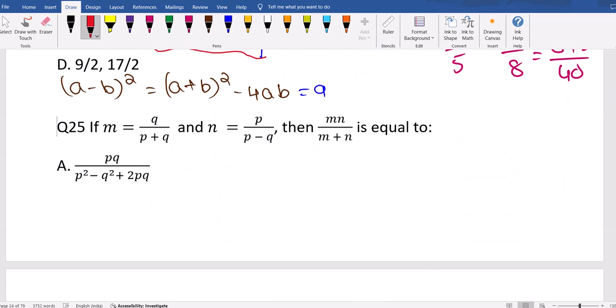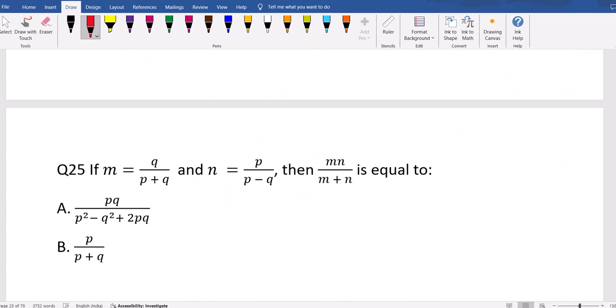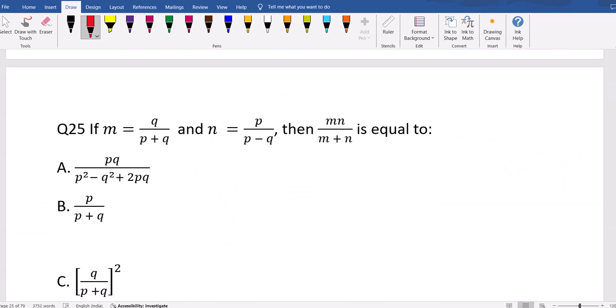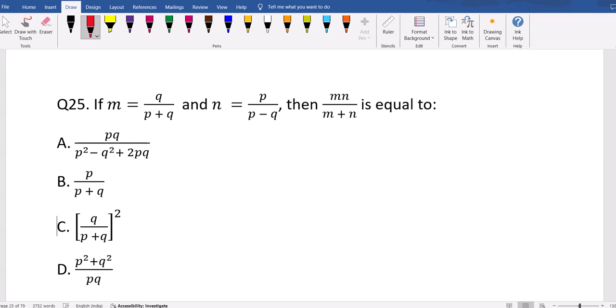Now see this question. M is given, N is given, Mn upon M plus N. Options are like this, right?